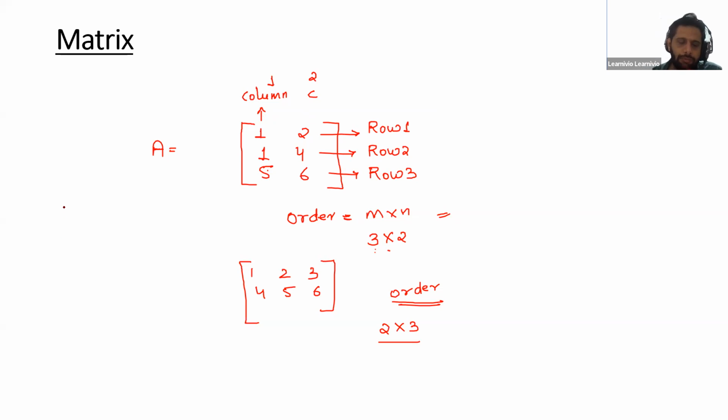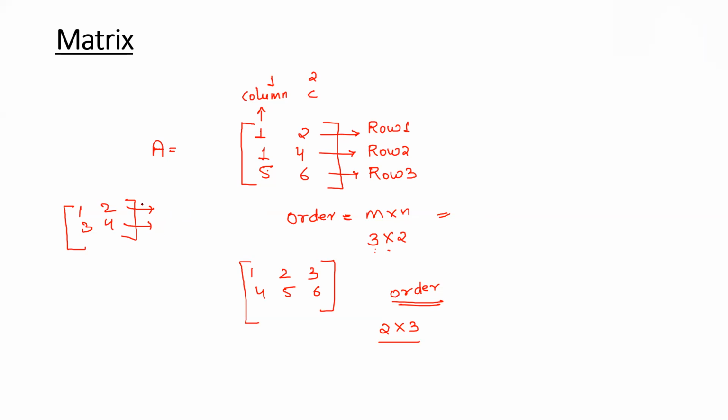Okay, great. So, Abdul, can you tell me how many rows are there in this matrix? How many rows are there? Abdul, how many rows are there? Zephyr, can you tell me how many rows are there? 2.